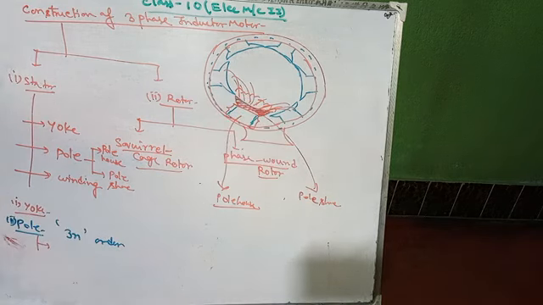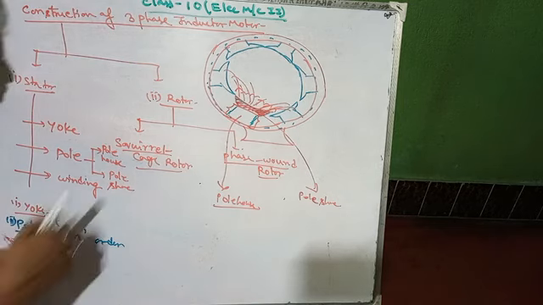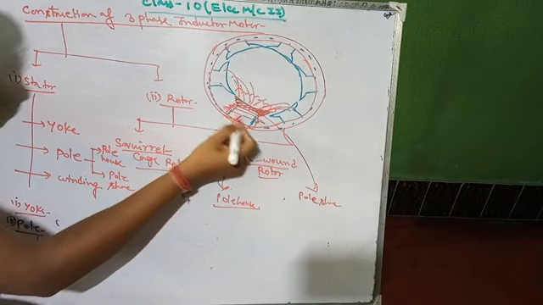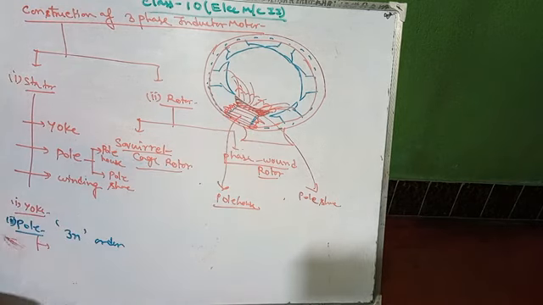This is the importance of the pole shoe. And pole house holds the conductors; over the pole house the conductors are installed.